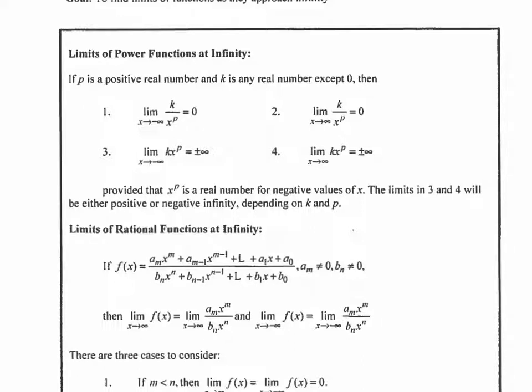Because if I'm moving toward negative infinity and it's raised to the third power, negative infinity times a negative times a negative times a negative is still negative, right? But it's getting bigger negative, okay?